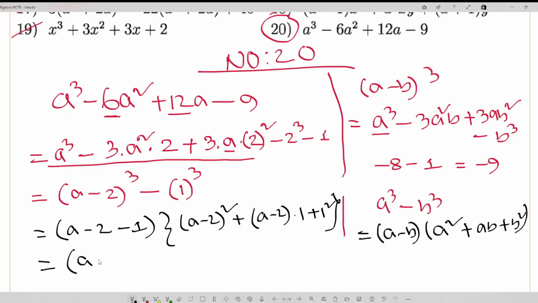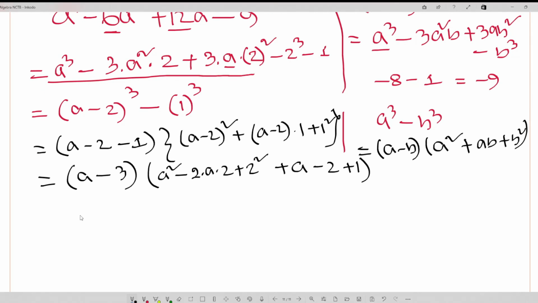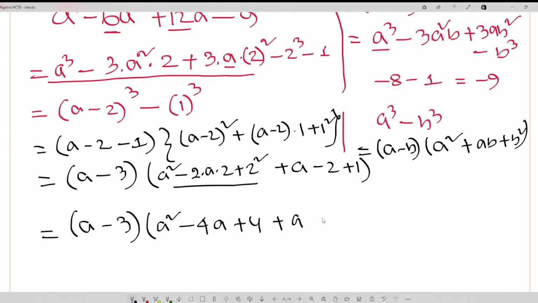So here is a minus 3, and here is a square minus 2 times a times 2 plus 2 square, plus here is a minus 2 plus 1, right? Then a minus 3, this one becomes a square minus 4a plus 4 plus a minus 2 plus 1.